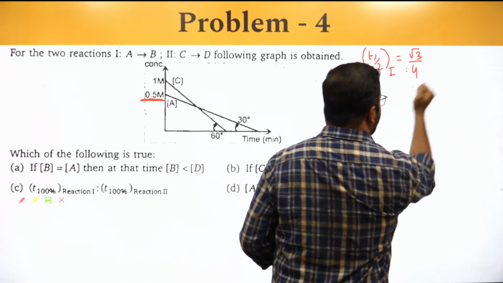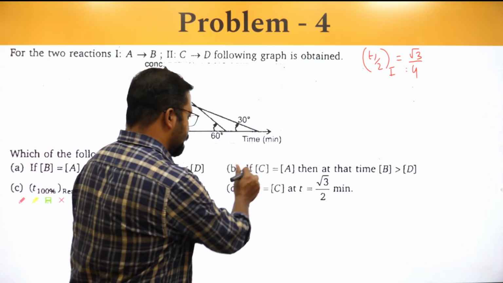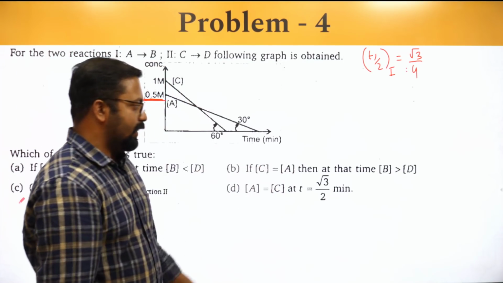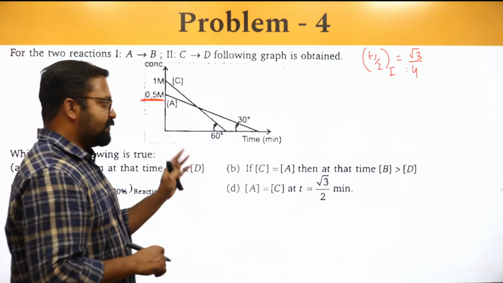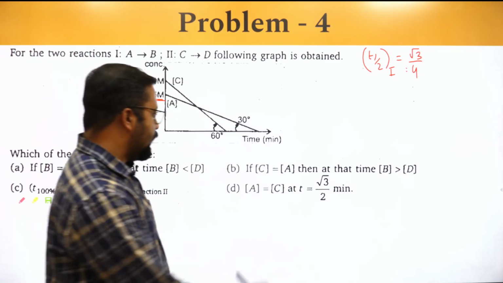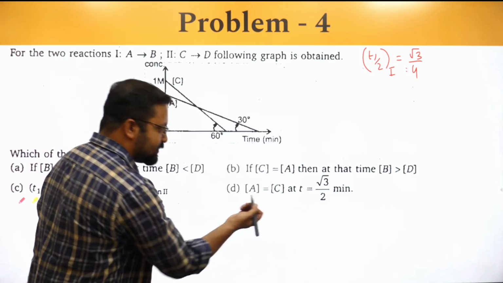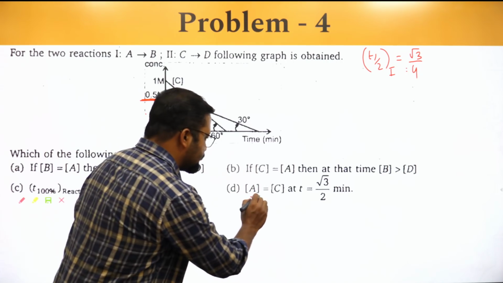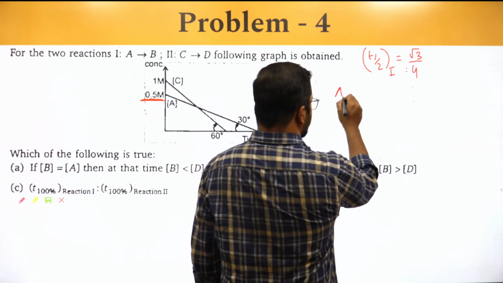So let's look at the second option. If C is equal to A, then at that time B is greater than D. Let's take the D option first. A is equal to C at time equals root 3 by 2. How is this coming?